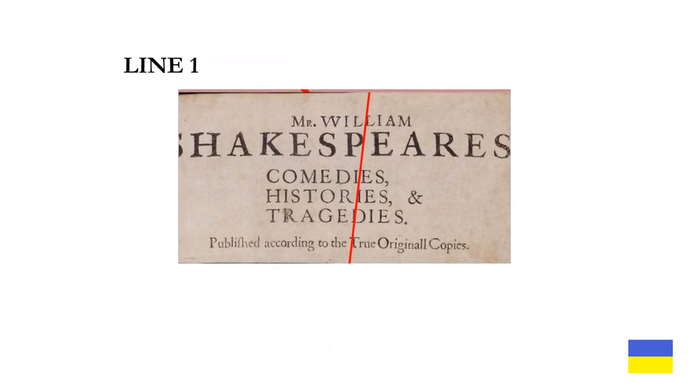Line 1 goes straight through the second L in William, clips the uppercase P in Shakespeare, goes between the I and the E in comedies, goes through the I in histories, goes along the left-hand arm of the D in tragedies, and clips the uppercase T in true.